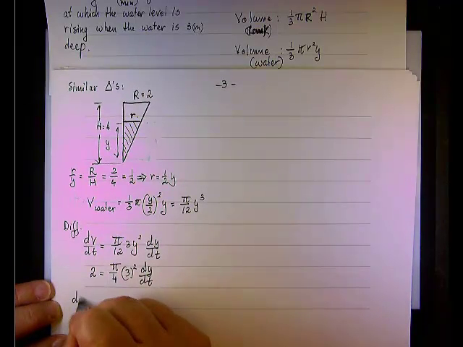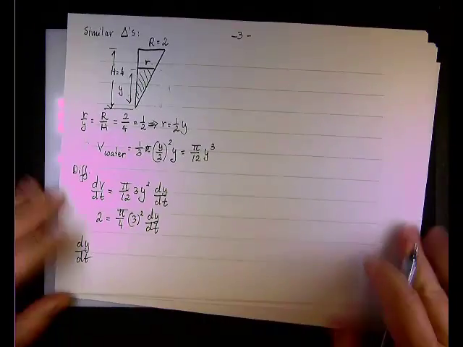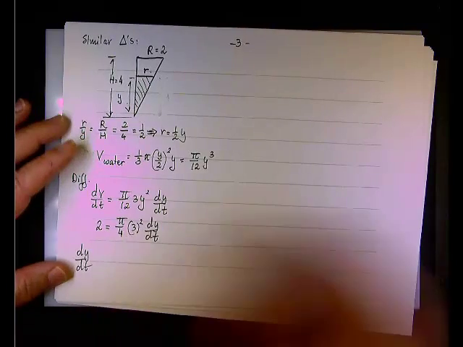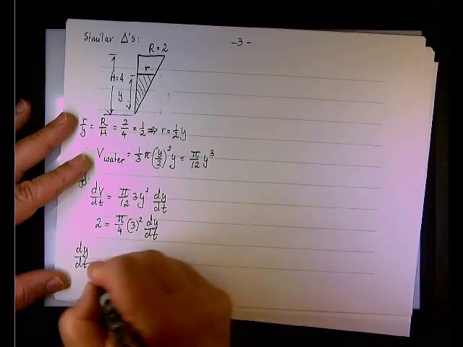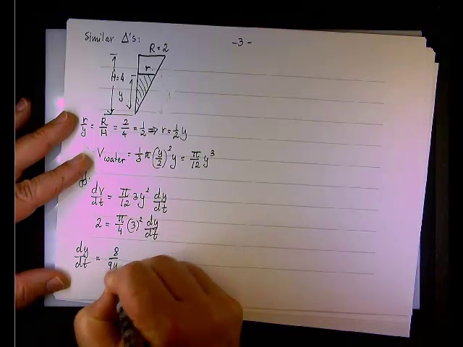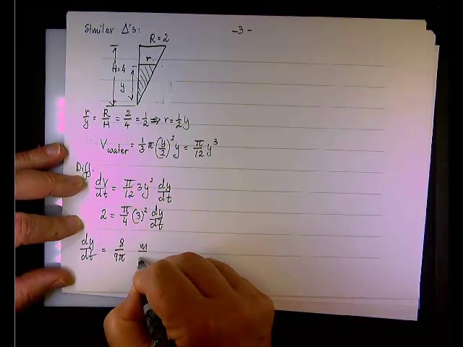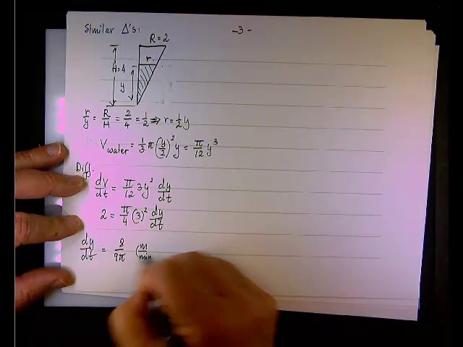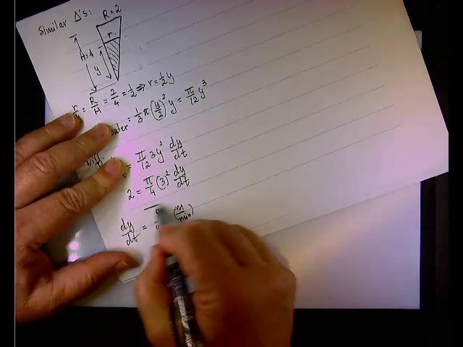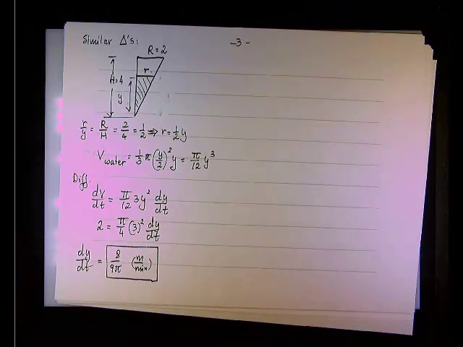So we end up having dy/dt, we have 9 pi on top, and then divide by 4, so it will be 8 divided by 9 pi. And the unit will be meters per minute. And it's positive, so it does pass the common sense test.